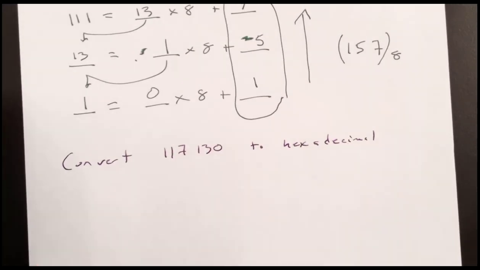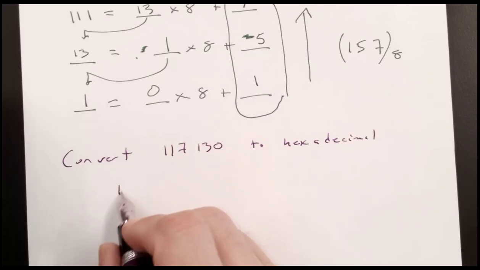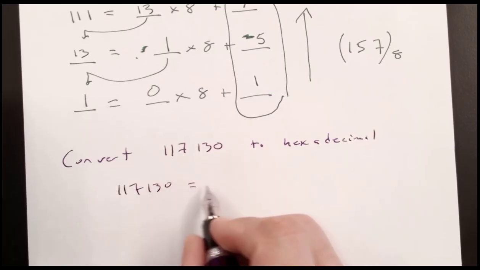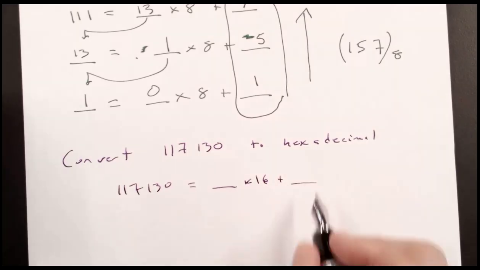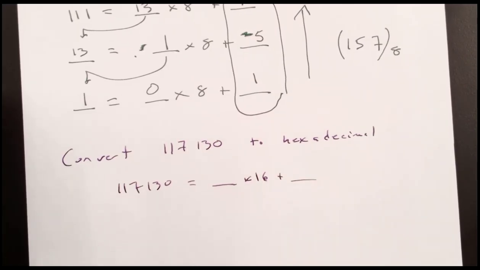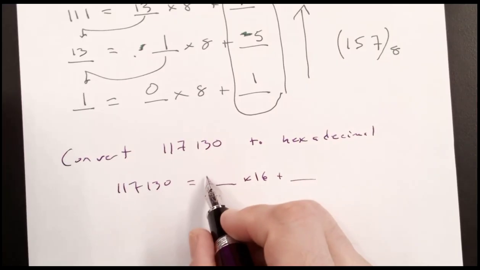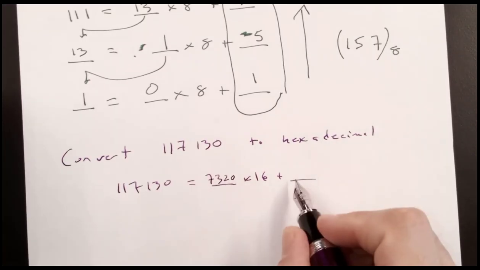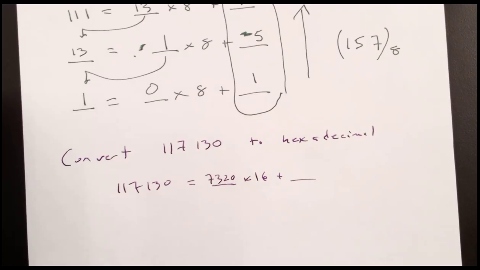All right, if I want to go to hexadecimal, I'm going to do this quotient remainder, repeatedly dividing by 16. 117130 is something times 16 plus something. I need a quotient, I need a remainder. 7,320. Say again? 7,320.16. Okay, so take away the 7320, subtract it from the number you've got, and take the 0.6, whatever your answer is, multiply by 16.